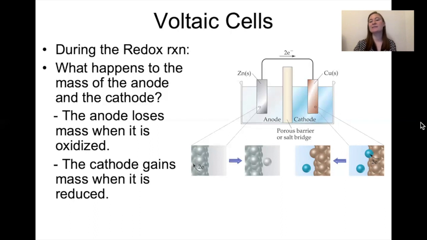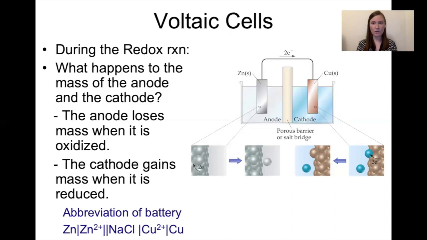But what's happening is those electrons cause the ions in the solution to become reduced and to go from aqueous ions to solid metal atoms that stick to the cathode. And so the cathode's gaining mass because it's gaining more and more atoms as the ions in the solution get reduced.